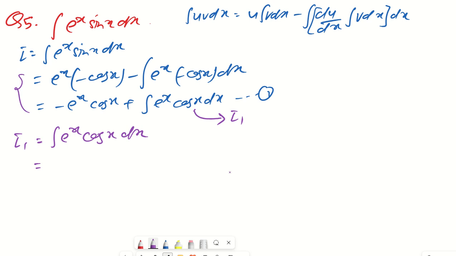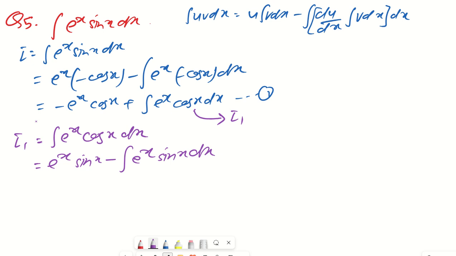We take e to the power x into integration of cos x, which is sin x, minus integration of the differentiation of e to the power x, which is e to the power x, into integration of cos x, which is sin x, dx. Now you can see that e to the power x sin x integrated is nothing but I.